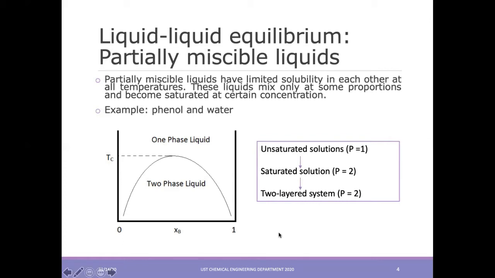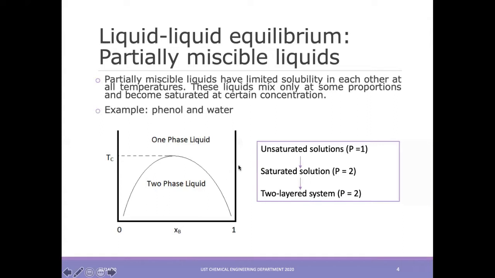Now, the stages undergone by the system as phenol is gradually added to water can be diagrammed as this. We have unsaturated solutions first, thus one phase. Next, we form a saturated solution in which we have two phases, and a two-layered system in which we also have two phases.